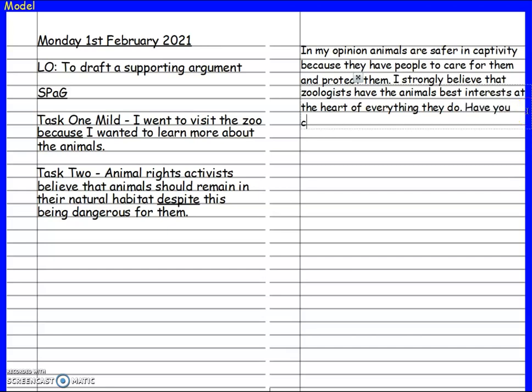Have you considered that animals are given specially designed enclosures to mimic their natural habitat? And I'm going to need a question mark on the end of here because it's asking a question. Have you considered that animals are given specially designed enclosures to mimic their natural habitat?